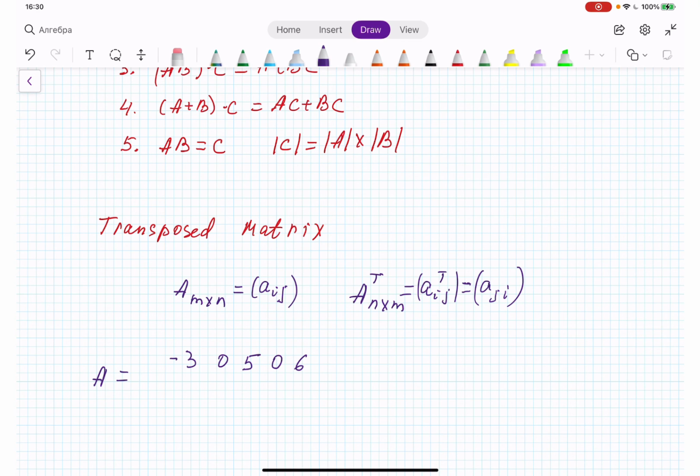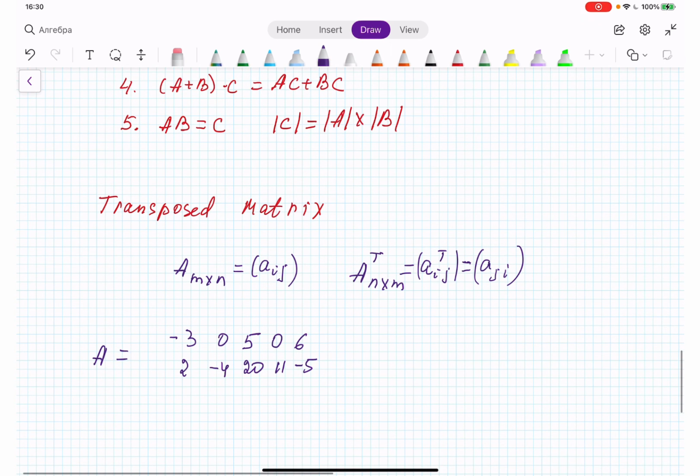Here we have 2, -4, 20, and we have 11. Here is -5. And lastly, we have -11, -7, -1, -9, and 9.